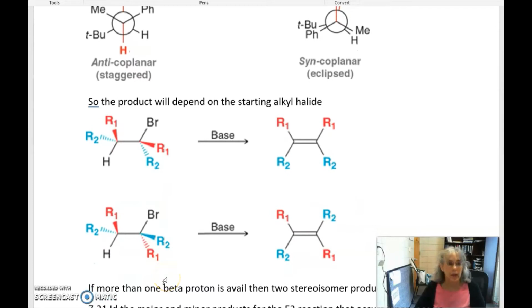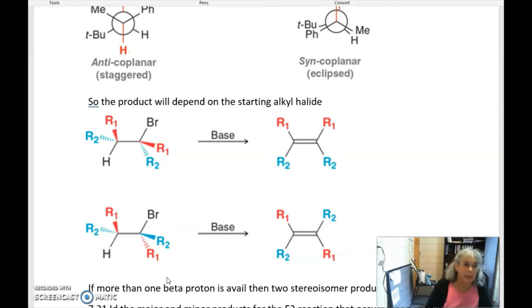So the product here will depend on the starting alkyl halide. If we have the R groups, the red groups are both up, and the blue groups are both in the down position, the red groups will be on the same side of the double bond, and the blue groups will be on the same side of the double bond. If the one red group is up and one red group is down, and one blue group is back and one blue group is up, we end up with this configuration of red, blue, blue, red.